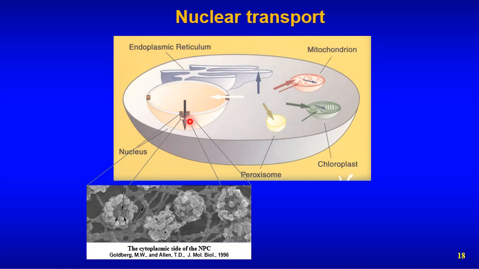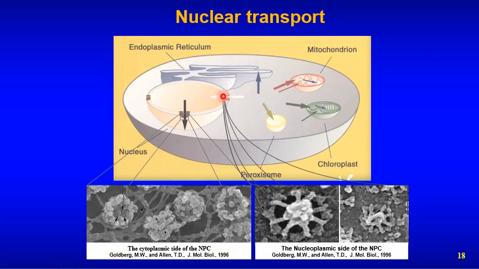If you look from the outside, you see that this pore complex has a lot of fibers pointing out into the cytoplasm. It has a central plug. And when you look from the inside of the nucleus, the pore looks like a basket, like a basketball hoop. It has spoke-like rings and a central channel, kind of.